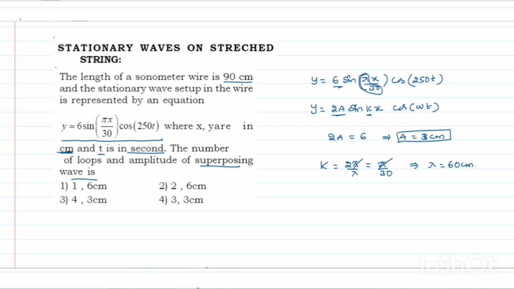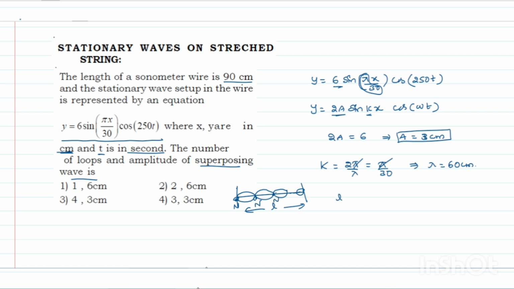We need to calculate the number of loops. To calculate the number of loops in the given length of the wire, suppose we have p loops in this length. Here this is a node point and this is a node point, and there are p segments.